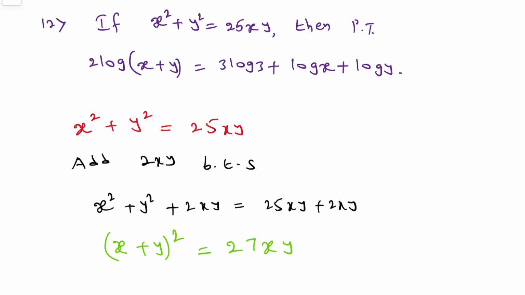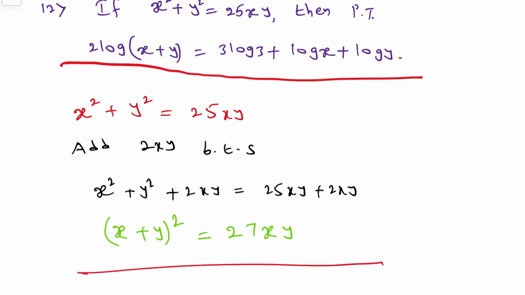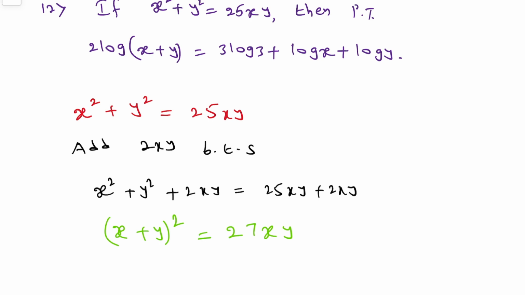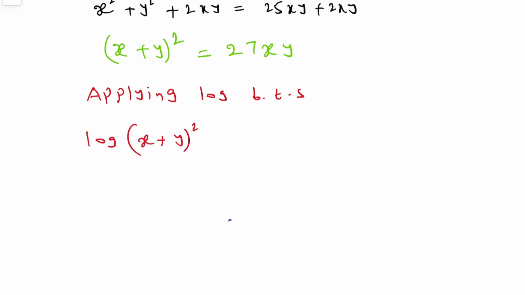So adding 2xy we did, and then in what he is asking to prove, a logarithm is there, but in this step we don't have any logarithm, so apply log on both the sides now. Applying log on both the sides, what will it become? Log of x plus y whole square equals log 27xy.